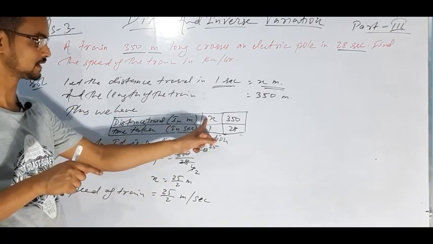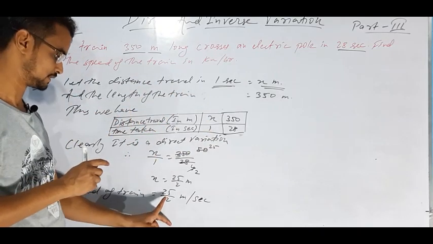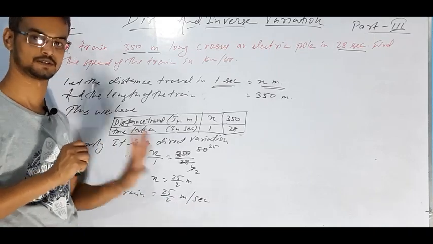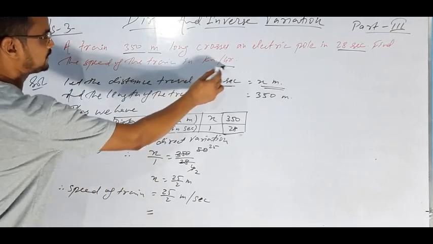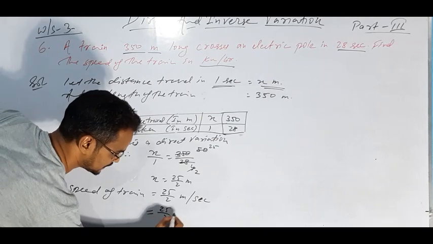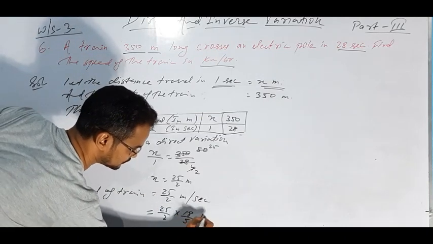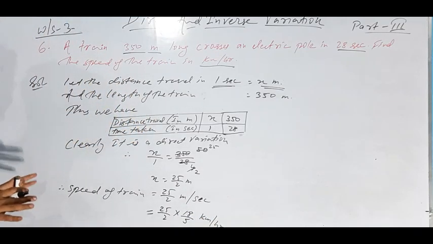X is the distance travelled in 1 second, so this is the speed in meter per second unit: 25 by 2 meter per second. Now we have to put that answer in kilometer per hour. Then it is multiplied by 18 by 5 to convert it into kilometer per hour. Is it clear?